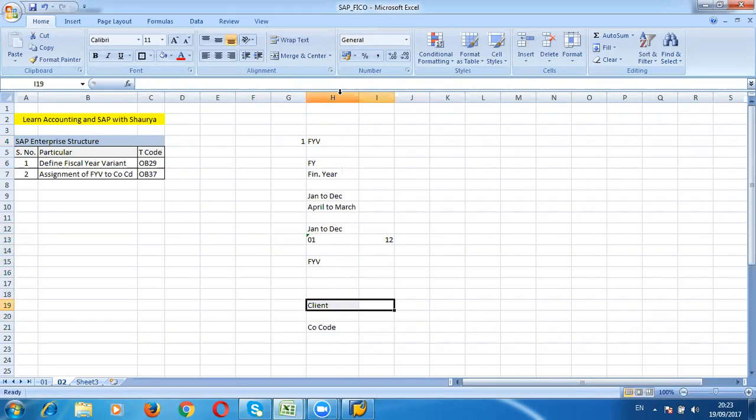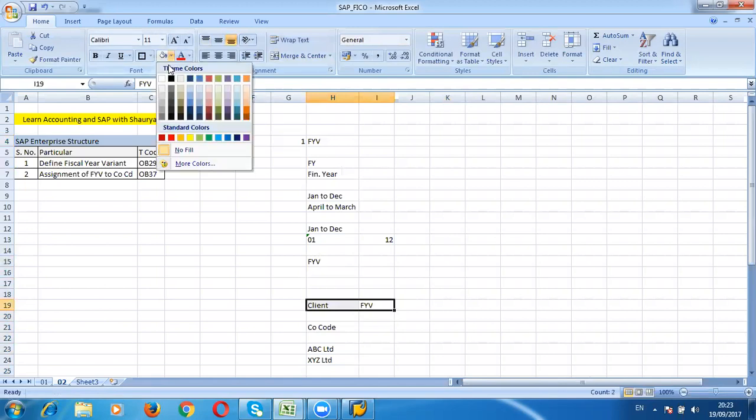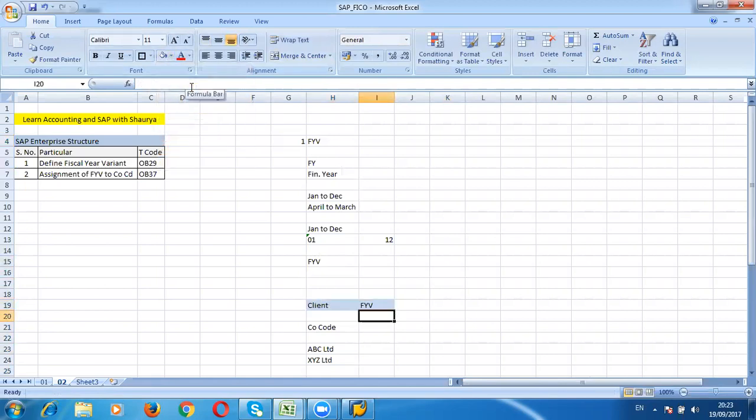That is predefined in SAP, which things we can create at client level and which at company code level. The fiscal year variant we can create at client level. So if I have multiple company codes like ABC Limited and XYG Limited, I can use the same fiscal year variant with the multiple company codes because that configuration has been done at client level. That is basically the concept.